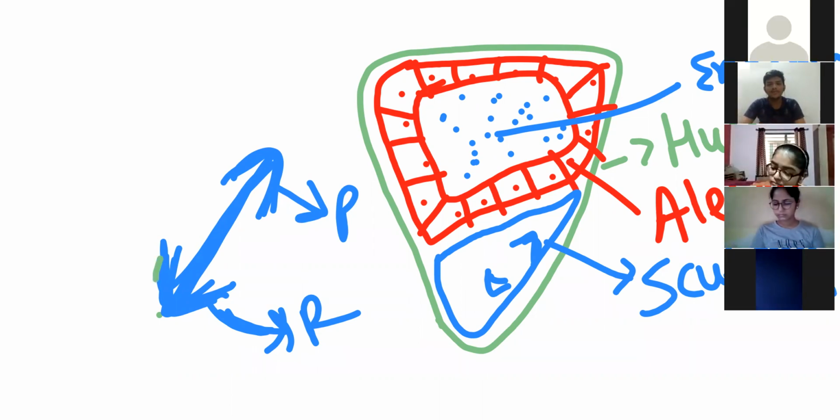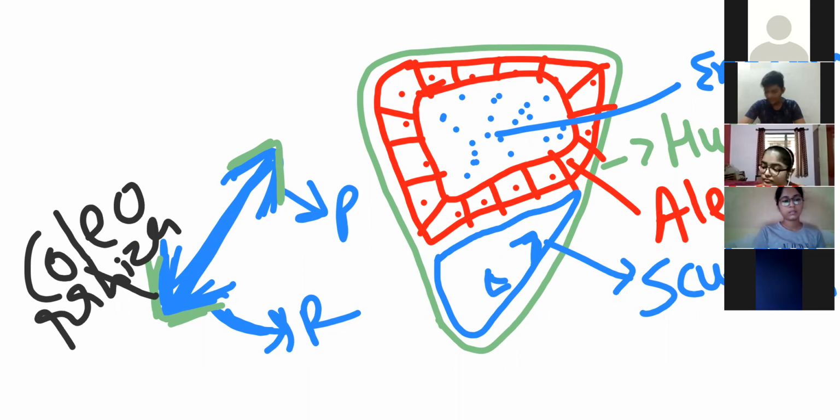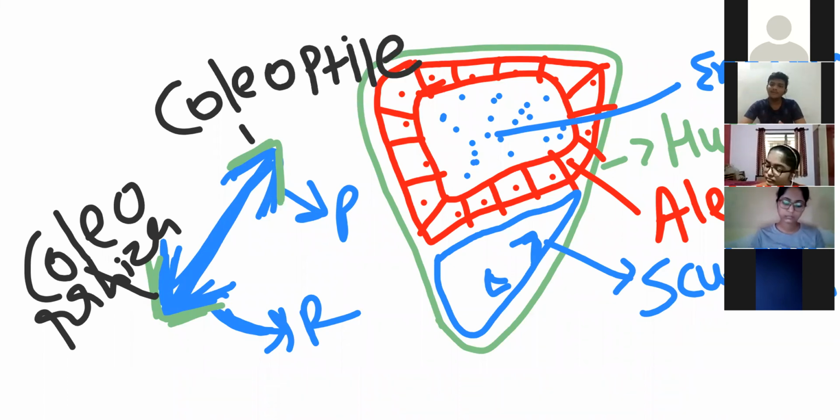For that they have covering structures. The cap covering the radicle we call coleorhiza, and the cap which covers the plumule we call coleoptile. So this is the structure of the monocot seed.